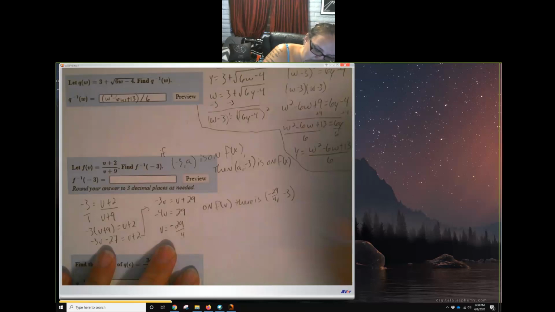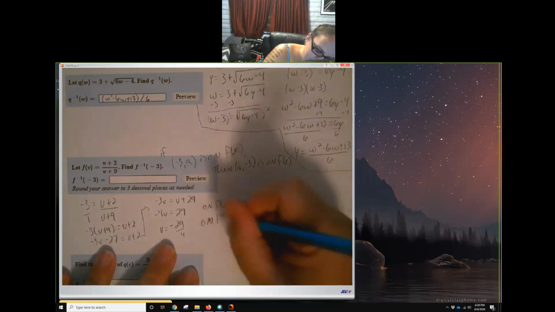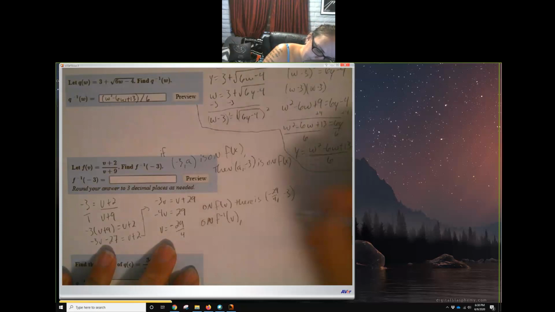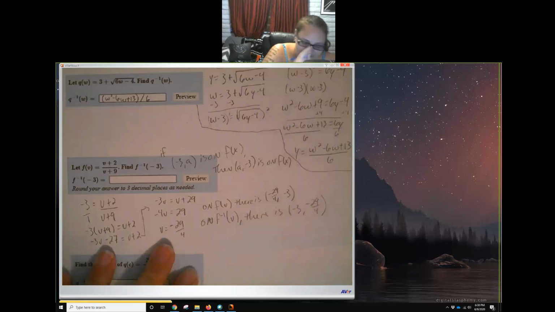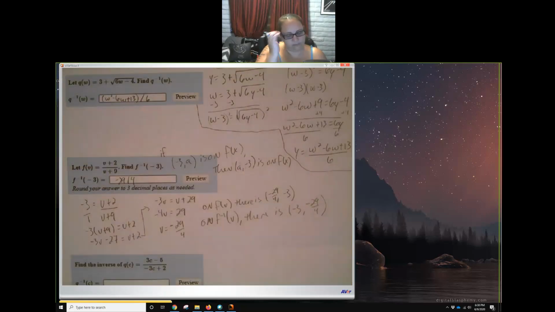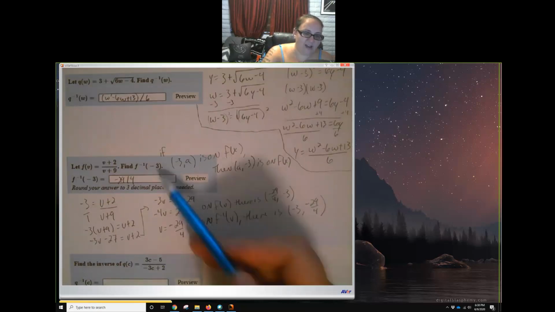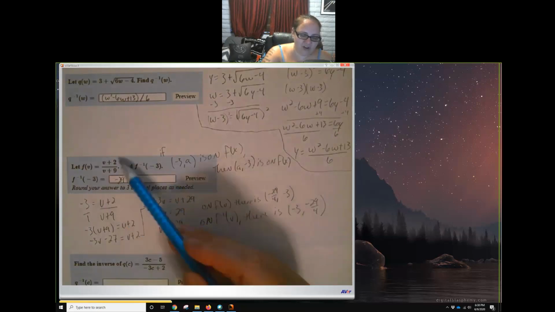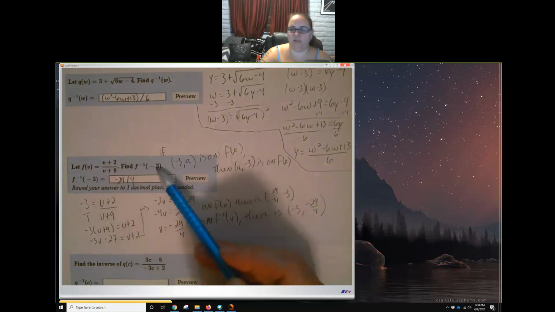Well, then that means on its inverse, there is -3, -29 over 4. So again, the shortcut here is that this is my x value on the inverse, so it's a y value on the original. So just set your function equal to this number and solve.